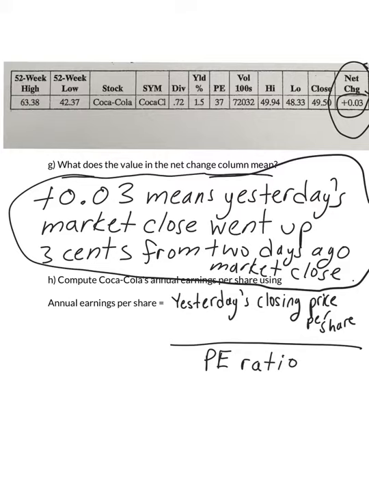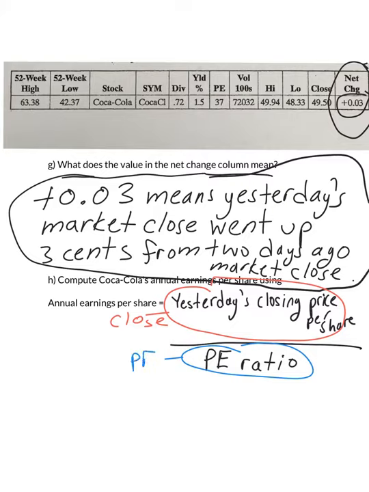So annual earnings per share, you're going to look up yesterday's closing price per share, which is under the close column, and you're going to divide it by the PE ratio, which is under the PE column. So really you're taking the close column number and you're dividing by the PE number. So here we go, the close number in the numerator.